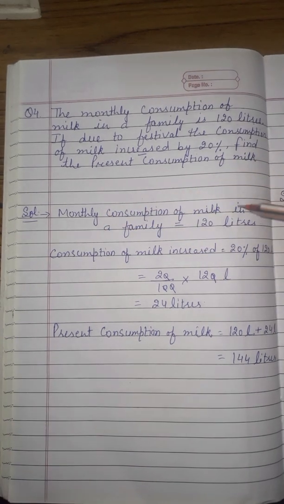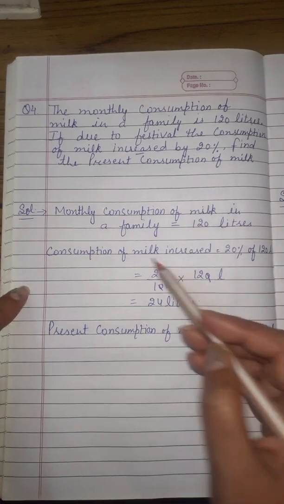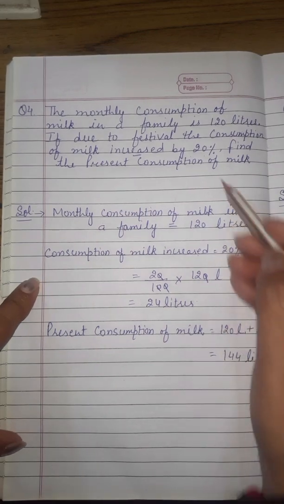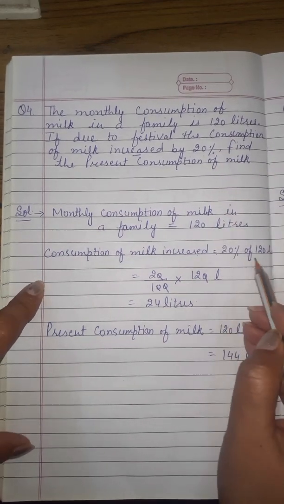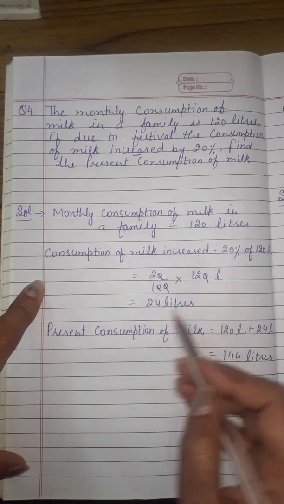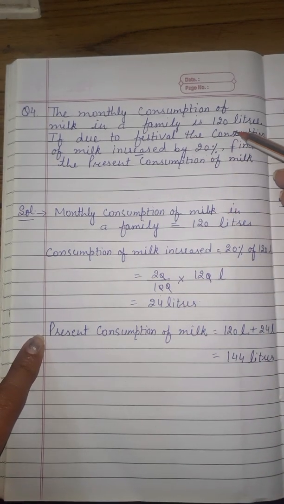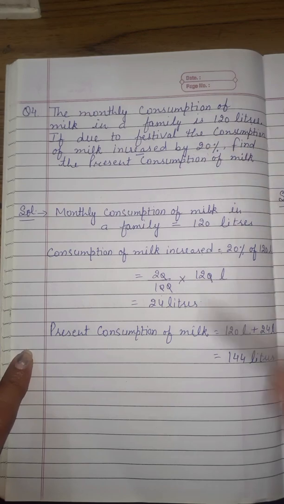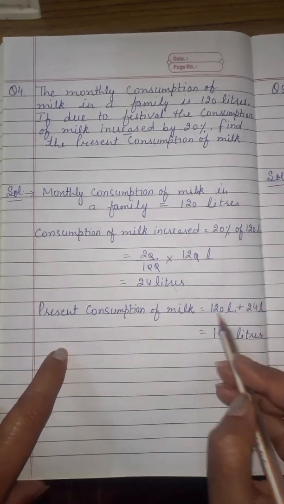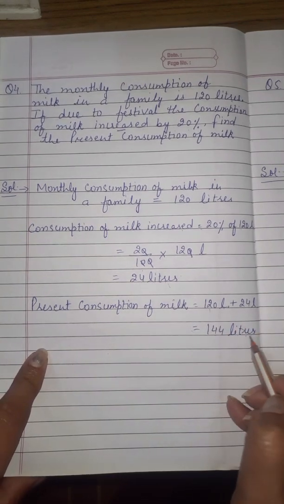So the monthly consumption of milk in the family is 120 liters. Now the increase in consumption is given in percent, so we will find the value of 20%. 20% of 120 liters, when we solve it, we will get 24 liters. So we will add this value to the initial consumption. So 120 liters plus 24 liters is equal to 144 liters.